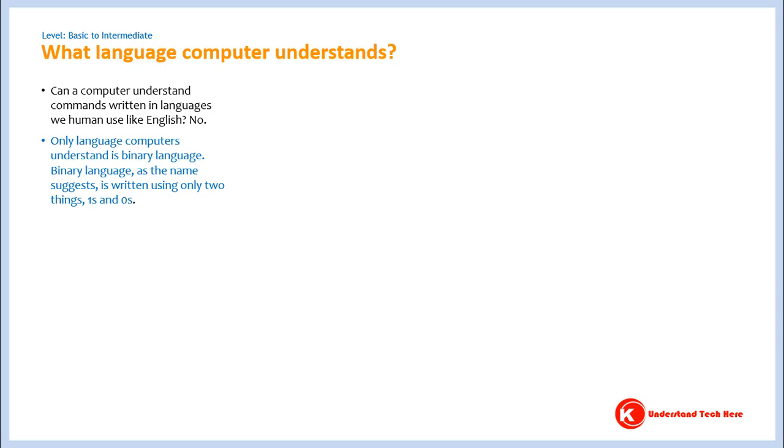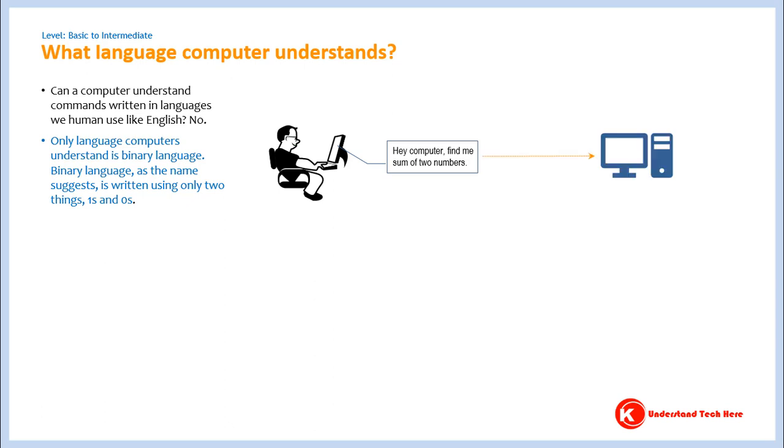A person wants to add two numbers. As we just said, since a computer doesn't do anything on its own, a person needs to type the commands. Let's say he types, "Hey computer, find me the sum of two numbers." Now the command goes to the computer.